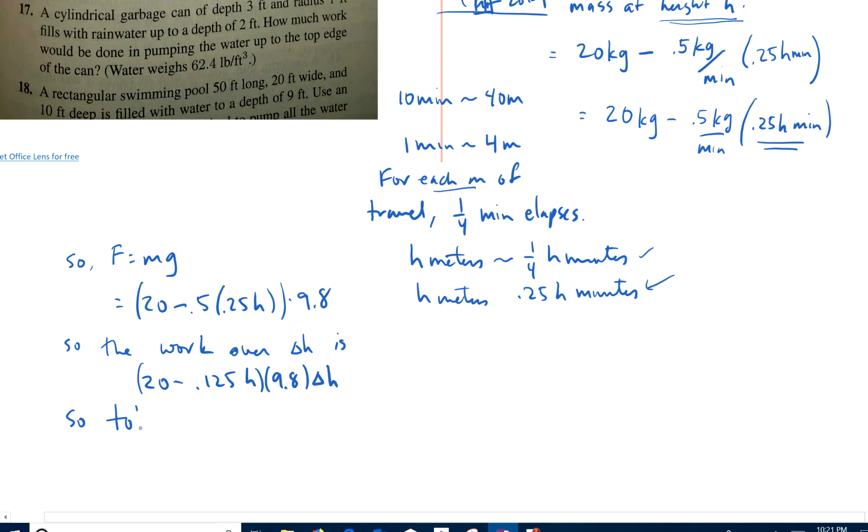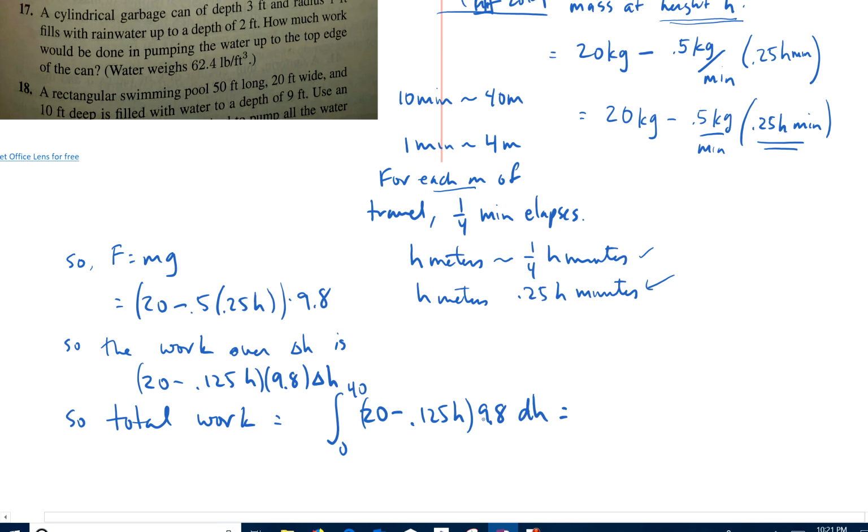So the total work is given by, we're going to integrate that from 0 to 40, because I'm lifting this from 0 all the way up to 40, of 20 minus 0.125 h times 9.8 dh.